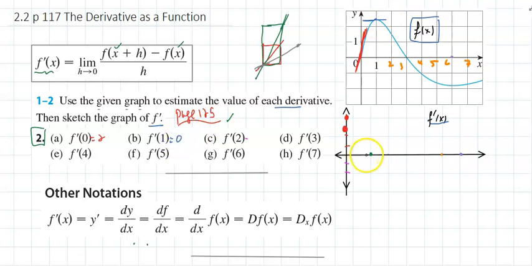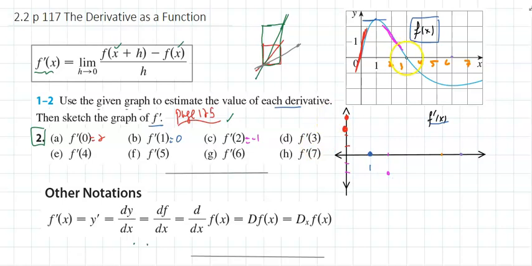So at 1, I am at 0. At 2, what do you think the slope of that line is? I could say negative 1. At 2, I am at negative 1.